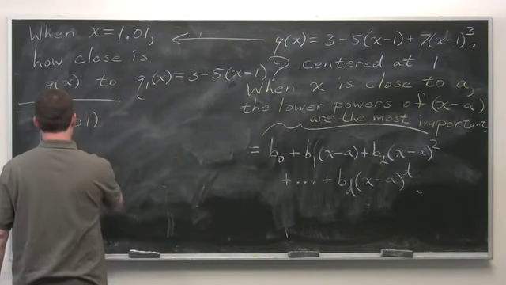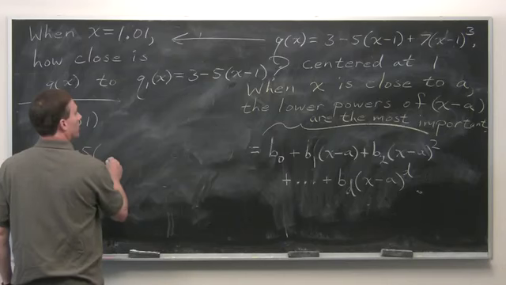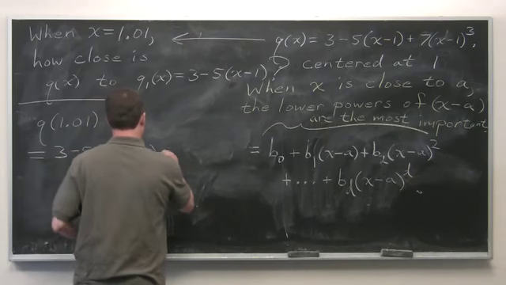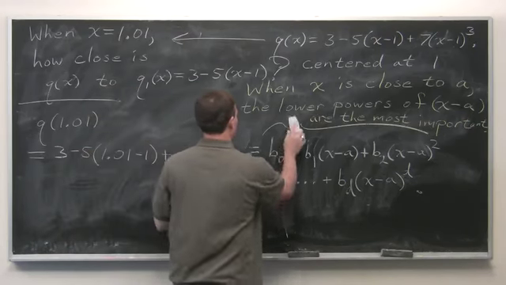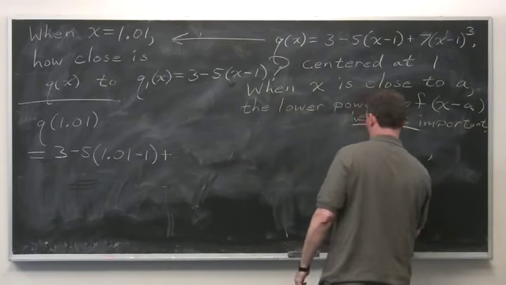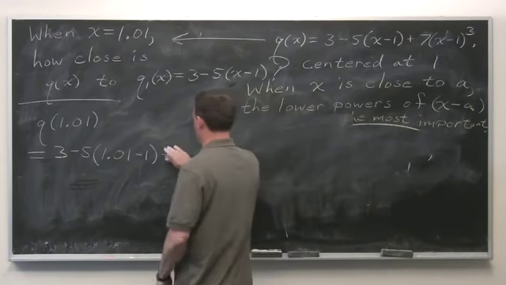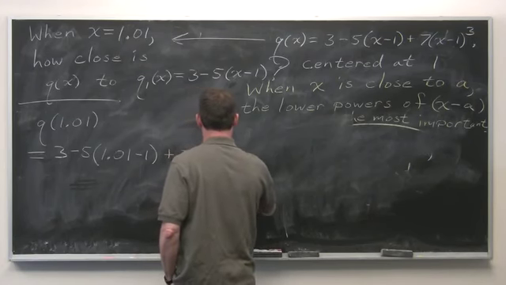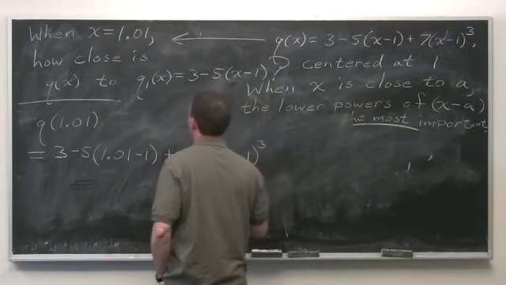So you get 3 minus 5 times 1.01 minus 1, plus 7 times 1.01 minus 1 cubed.